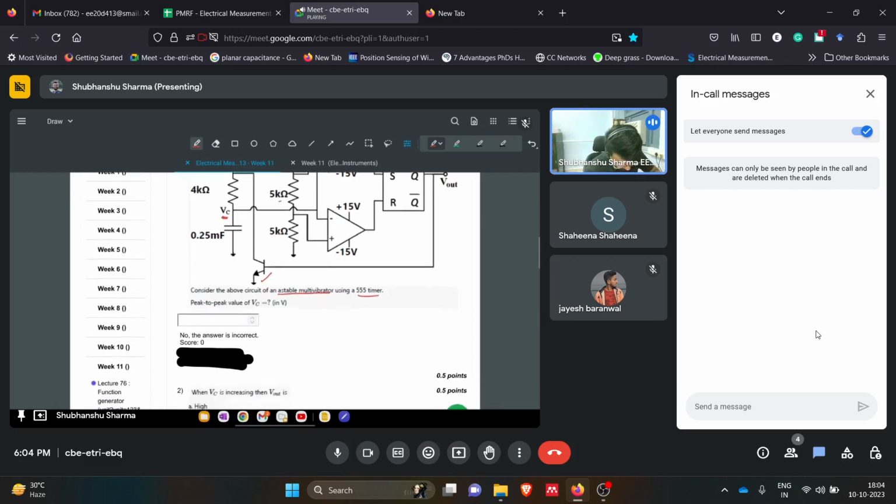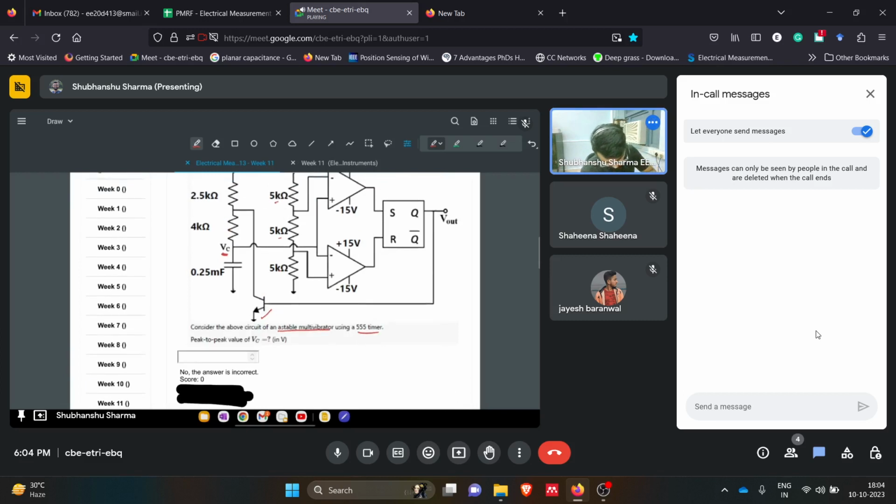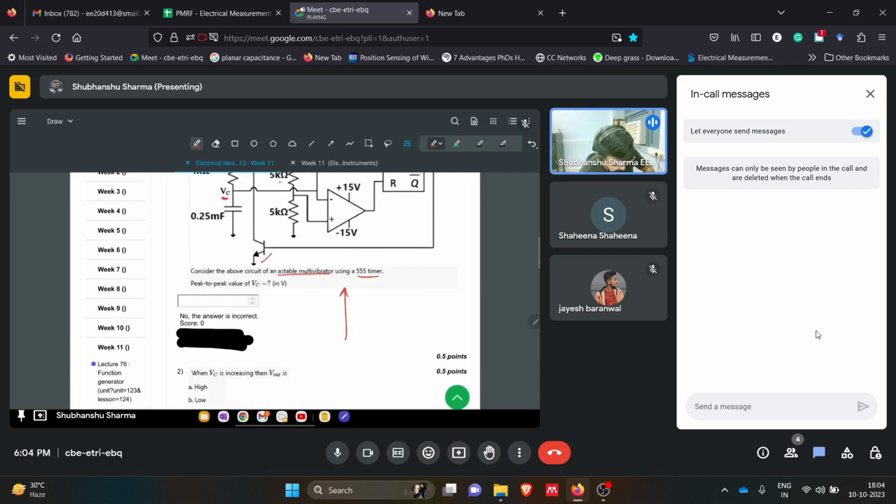If you recall your lecture, we have this VCC, and based on that, this circuit will oscillate like this.